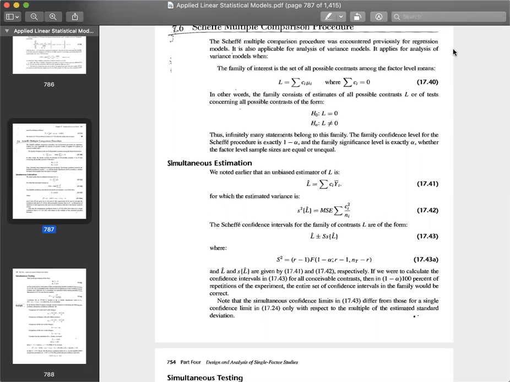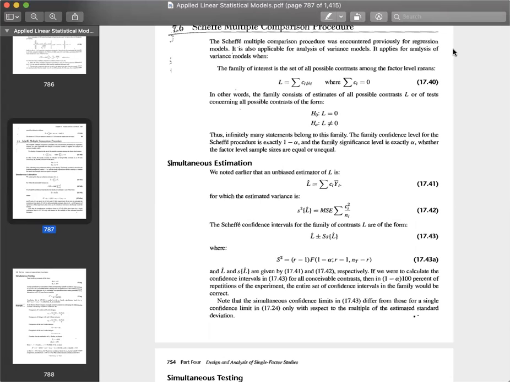The family confidence level for the Scheffe procedure is exactly 1 minus alpha, and the family significance level is exactly alpha, whether the factor level sample sizes are equal or unequal. Simultaneous estimation. We noted earlier that an unbiased estimator of L is L hat equaling the summation of Ci Yi bar dot, for which the estimated variance is equal to MSE times the summation of Ci squared over ni.